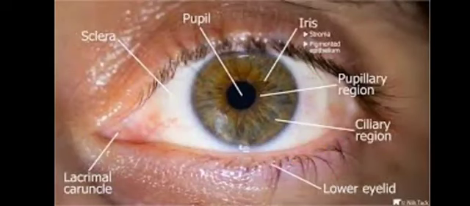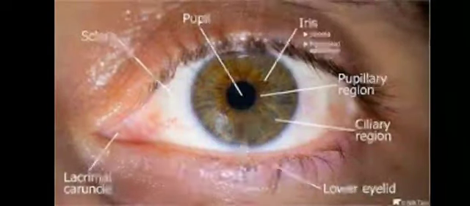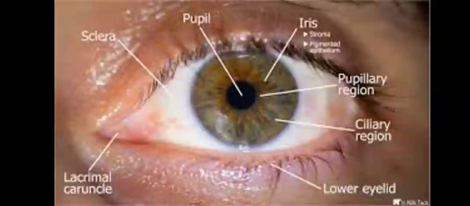Now, from the front portion, we are all familiar with this. In the corner of the eye there is a lacrimal gland or tear gland where the tear is produced. This white portion is known as the sclera, and the most central portion is known as the pupil.